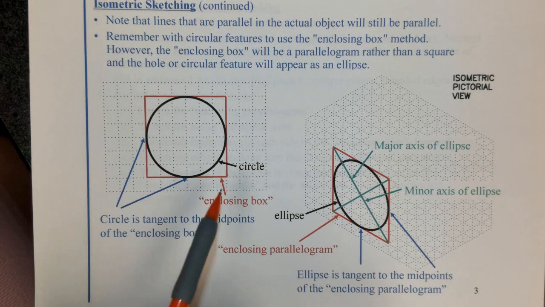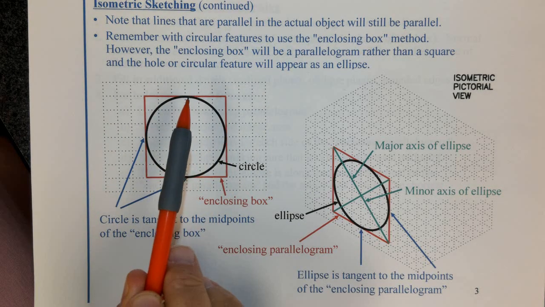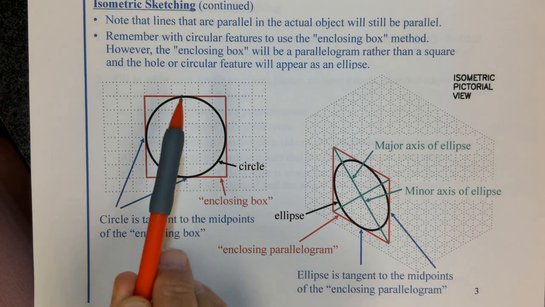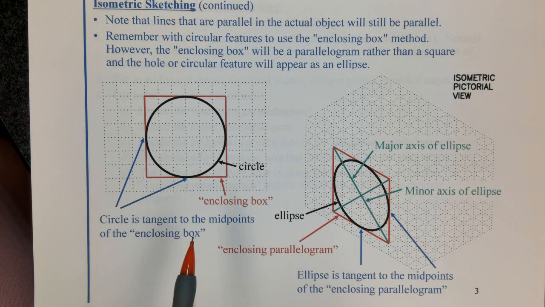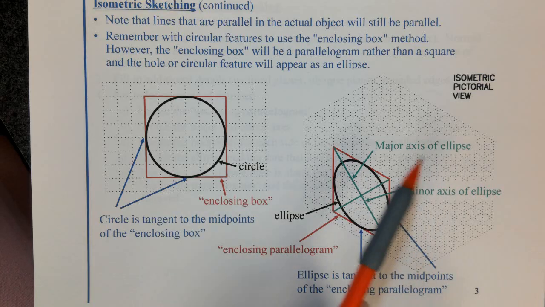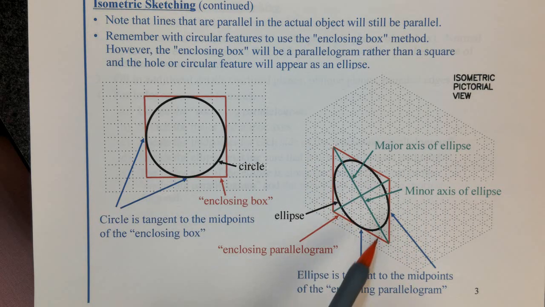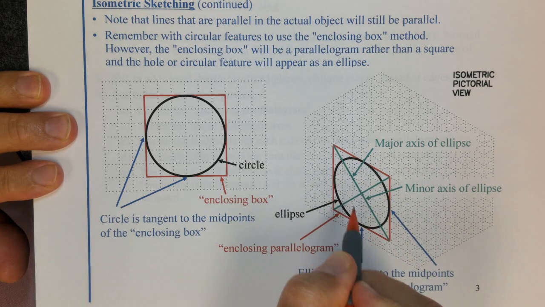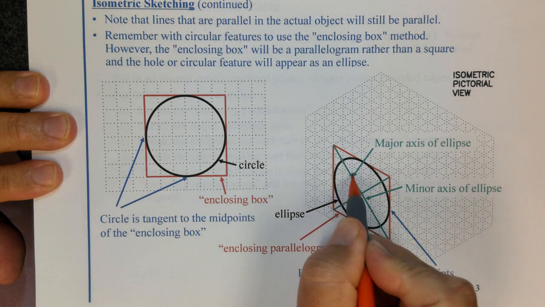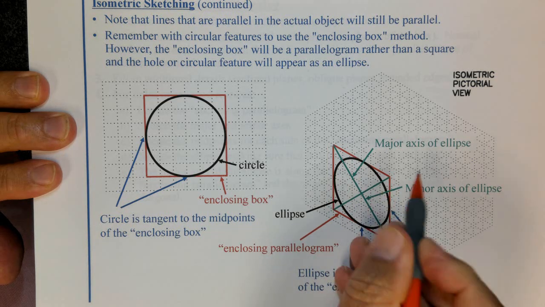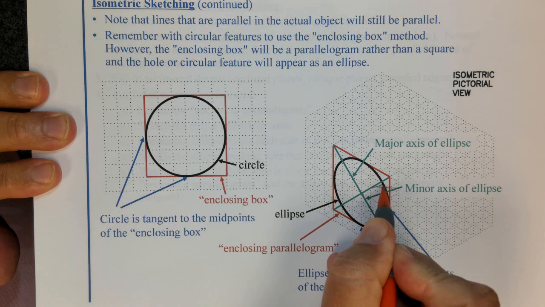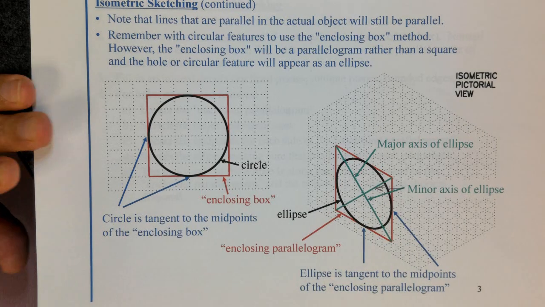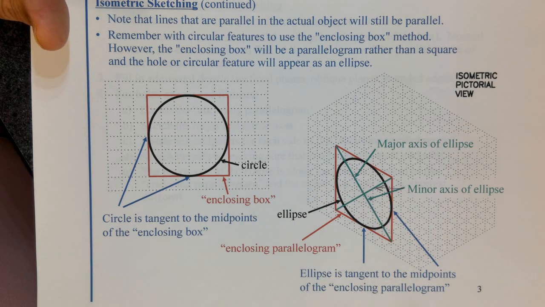It's just a sketch of a square, and your circle is tangent at those four line segments. But there's another way of doing this when you're talking about isometrics. You can do the way he's got here. He does have an error here. He's got the major axis along this path, and this really should be the minor axis right here. And then you can sketch your iso circle. Now I'm going to show you how to do this a little differently.